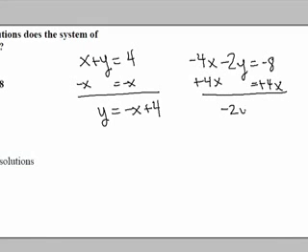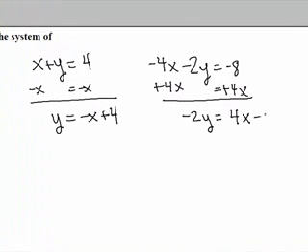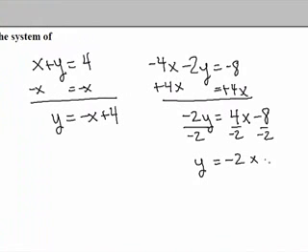I get negative 2y is equal to 4x minus 8. Let's divide every term by negative 2 now to get the y variable by itself, and you get y is equal to negative 2x plus 4.